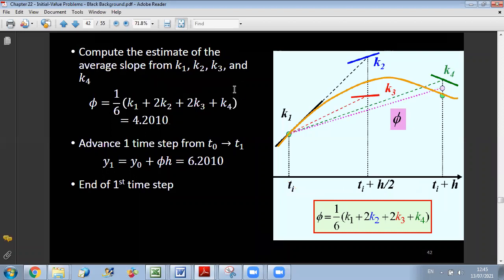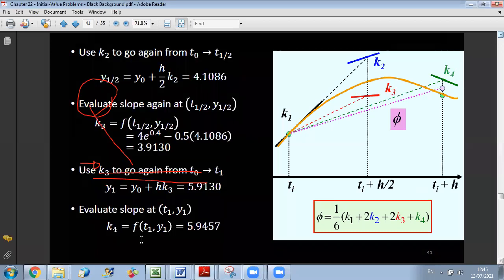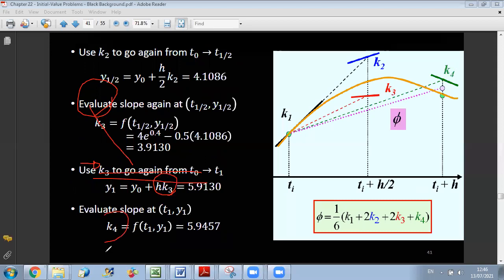Once I update my phi, I should not forget to update y1, because the final y1 that I calculate will use phi, not k3. Pay attention: when you evaluated y1 here, you used k3. This evaluation was just used in order to compute k4. It is not the final value of y1.